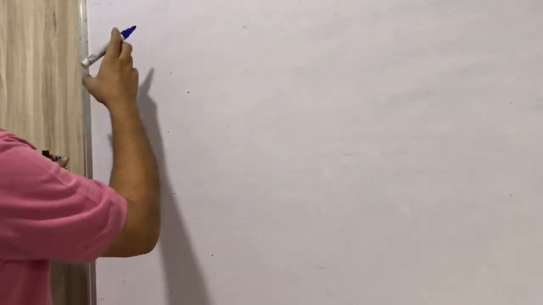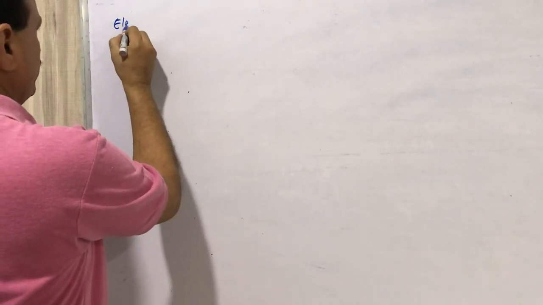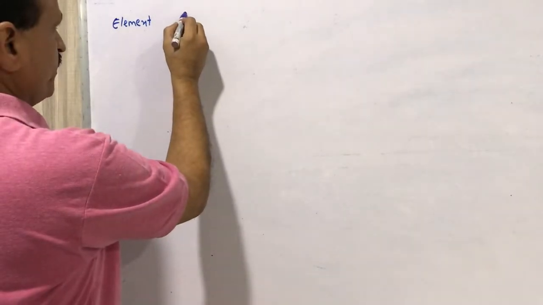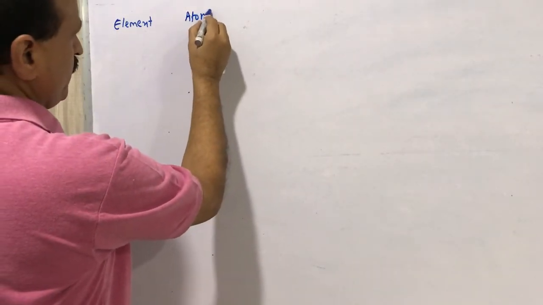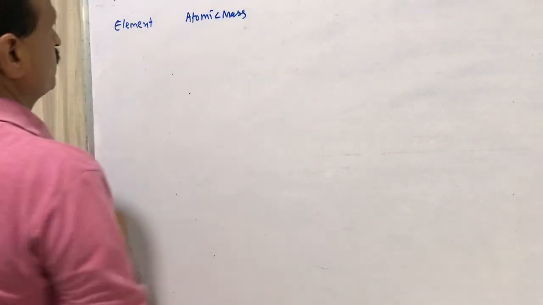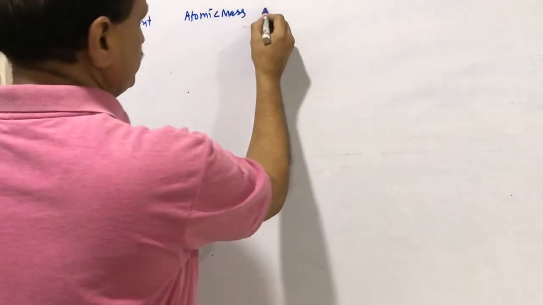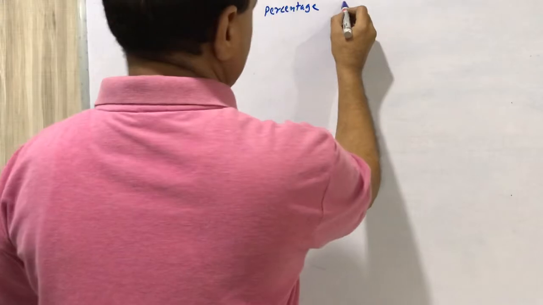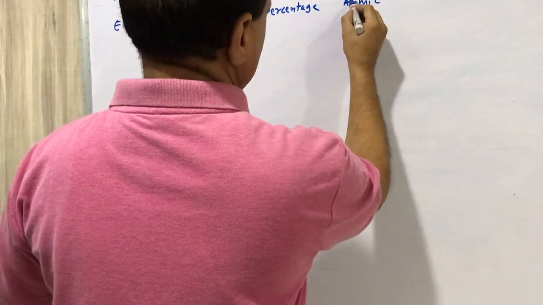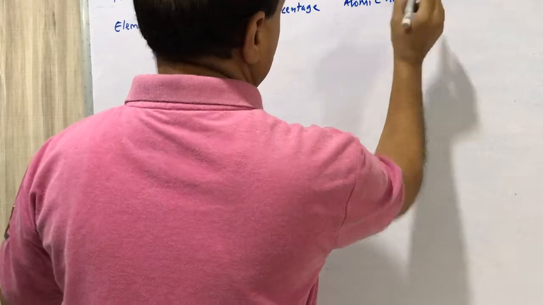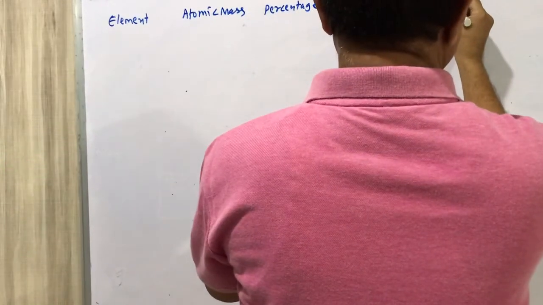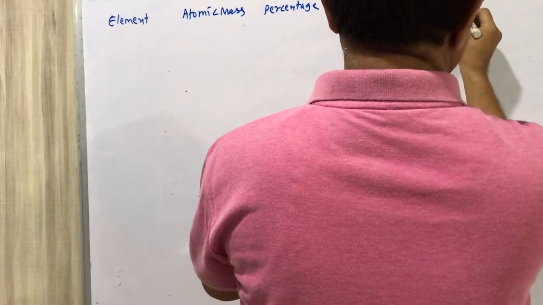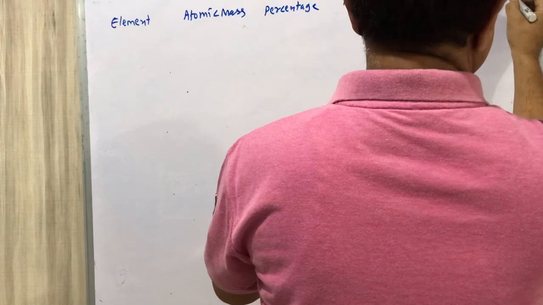The table has these columns: first the element you are given, then the mass of element, meaning atomic mass, then percentage, then atomic ratio, then ratio of simple whole number, and then simple whole number.